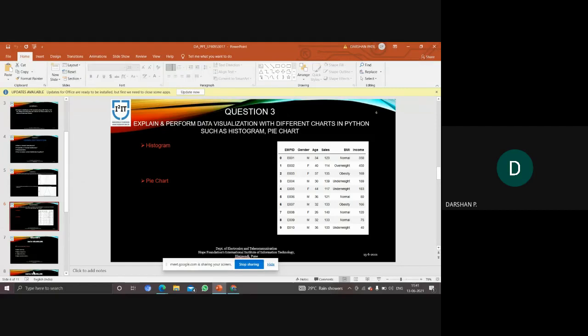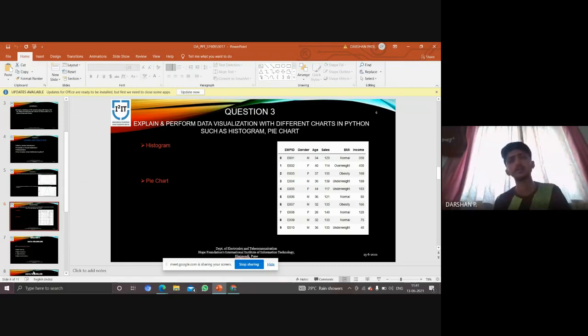It helps people understand the significance of the data by summarizing and presenting a huge amount of data in graphical format. It is a simple and easy way to understand the data and helps communicate information clearly and effectively. So we can take the help of a histogram and a pie chart.